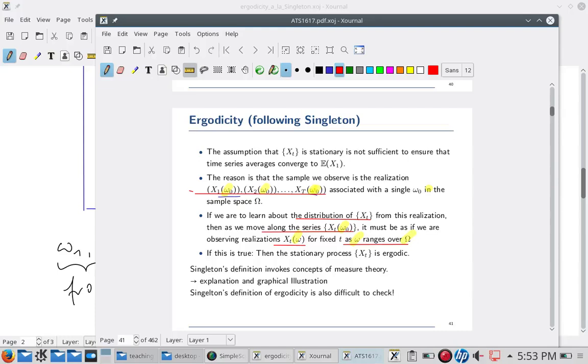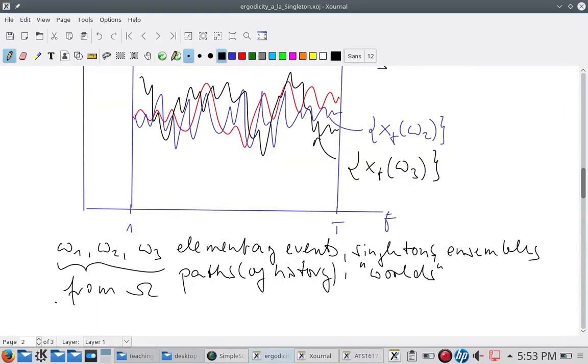Or I observe the process in time. And if the information contained in observing the process over and over at one point in time is the same as in observing the process in time, then we call this process an ergodic process.